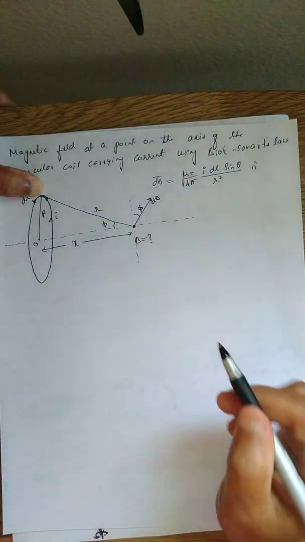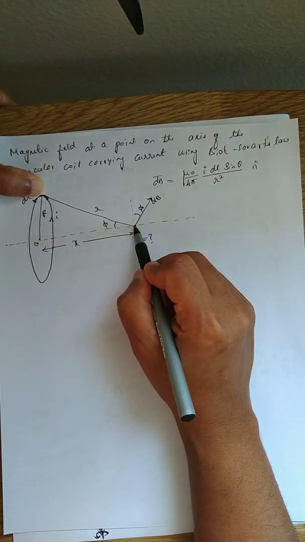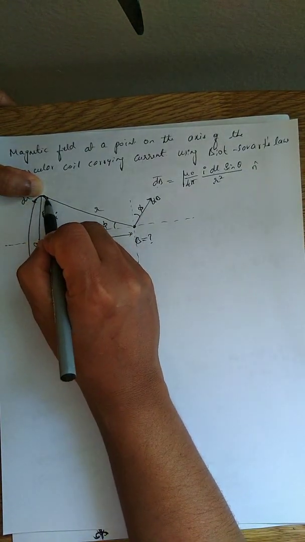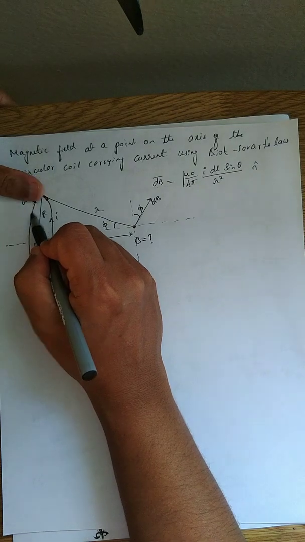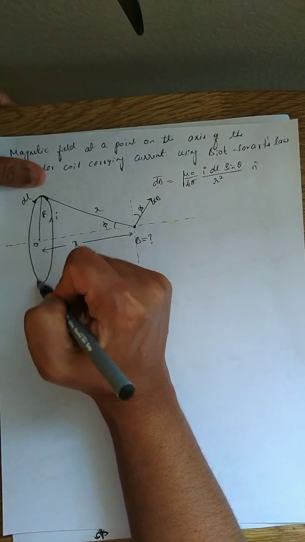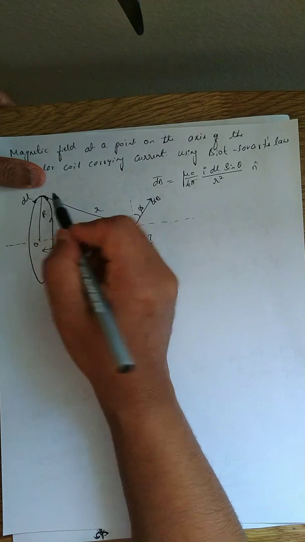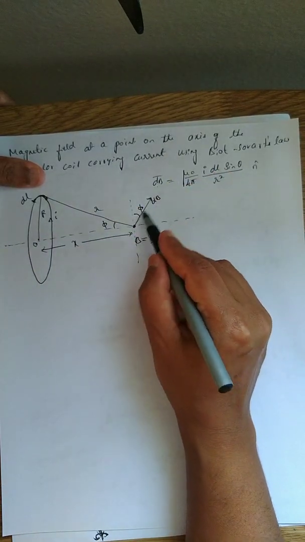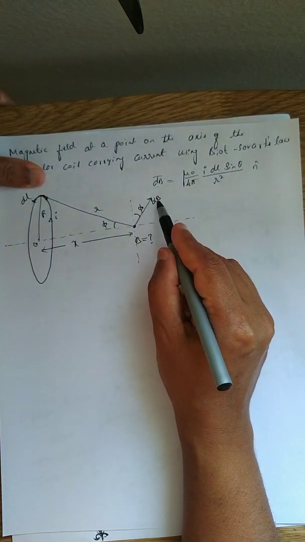Now the magnetic field at this point is not only due to one current element, right? There are innumerable current elements along the circumference of the coil. So there will be several of these dBs.